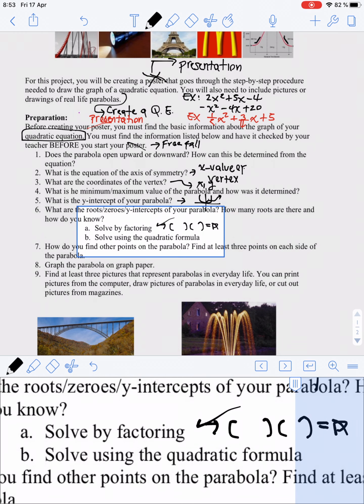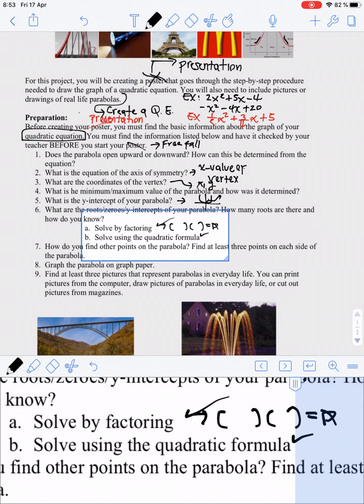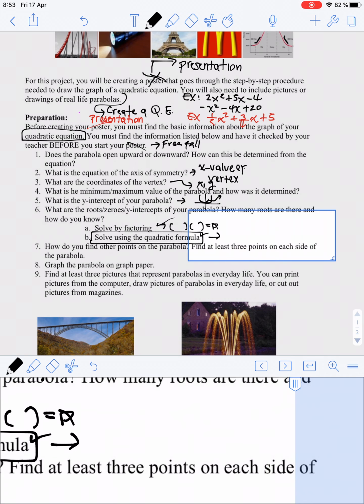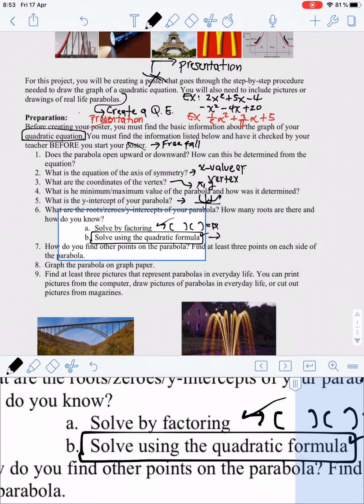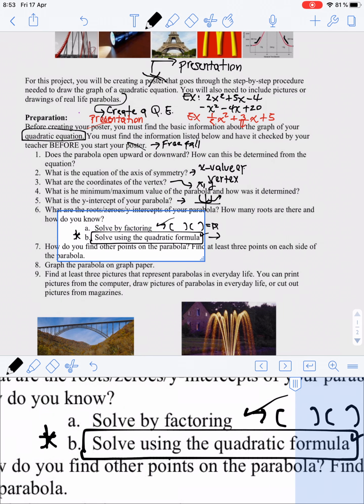Okay, solving using the quadratic formula. Avoid doing this, but you can investigate the quadratic formula because it's just a formula, and you can apply the formula. If you want to look for it, it's going to be like an extra. If you get the quadratic formula, it's going to be better for the grade.